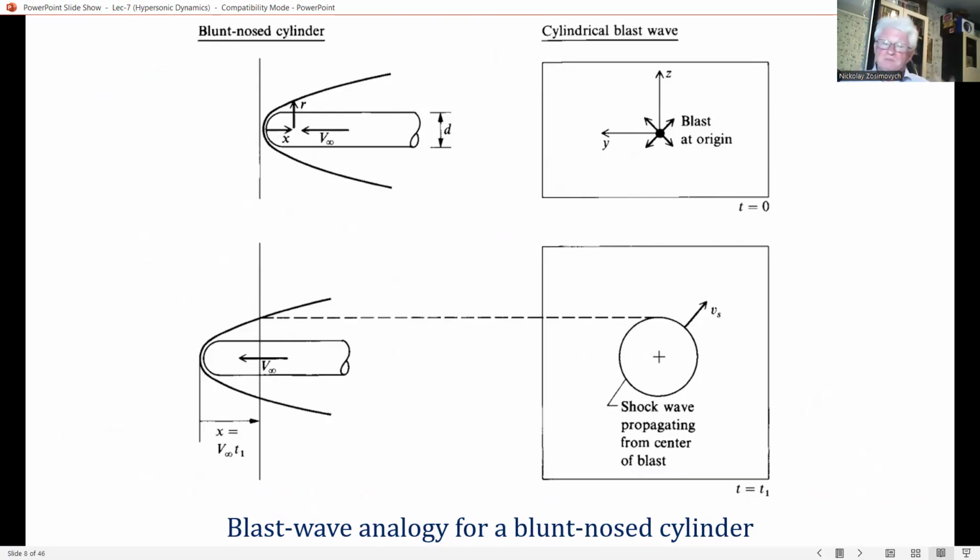Results obtained from this equivalency are called blast wave results. Such results have been used to estimate the pressure distribution on axisymmetric blunt nose cylinders at hypersonic speed, with the cylindrical axis aligned in the direction of the flow as sketched on the left part of this slide.